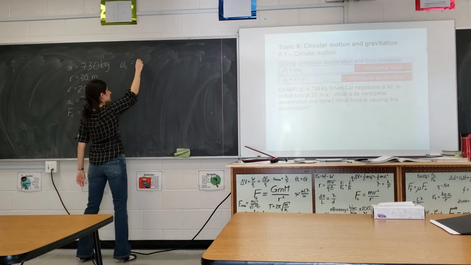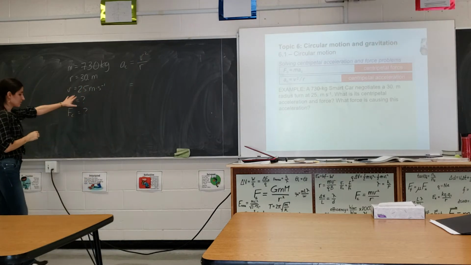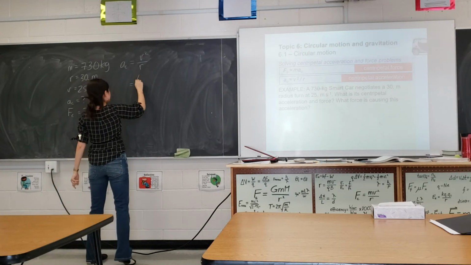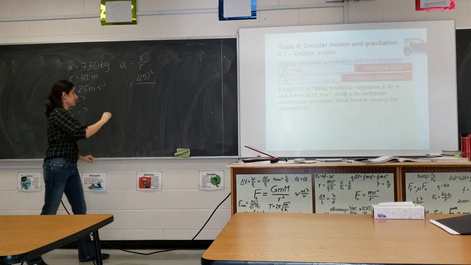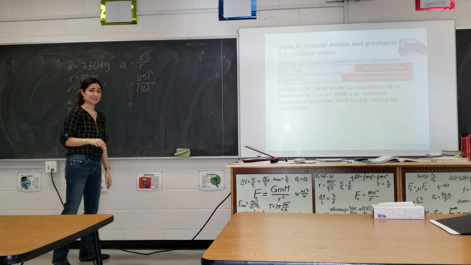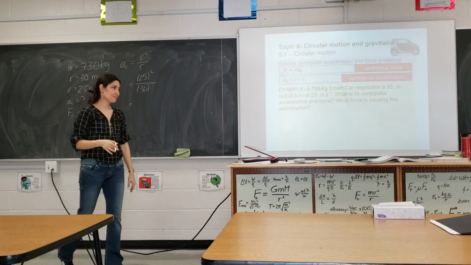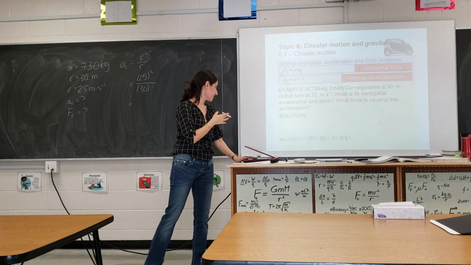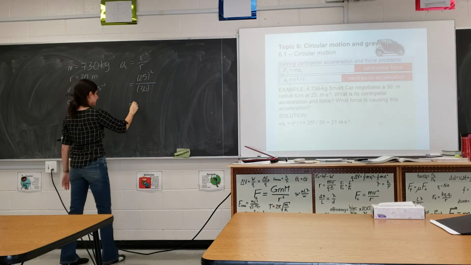Centripetal acceleration is v squared divided by r. The v is 25. Everything's an SI unit, so I can go ahead and plug it into my formula. 25 squared divided by 30. I'll give you a moment to get your calculator. Pause the video if you need to. If we actually calculate this, we end up with 21 meters per second squared.